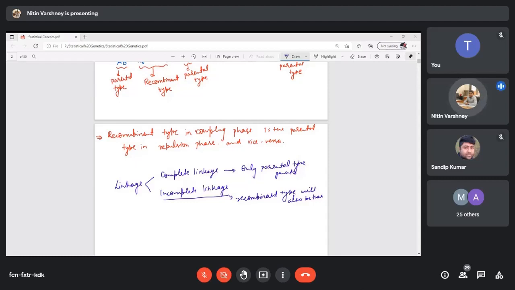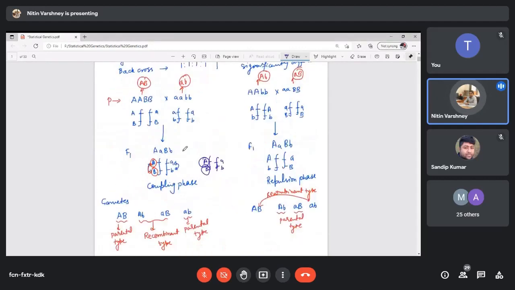Okay. So there are two types of linkage, complete linkage and incomplete linkage. In complete linkage, only parental type of gametes will be there. Suppose this is my chromosome, and these are loci, A and B. There will be complete linkage, so they have a tendency to link together tightly.